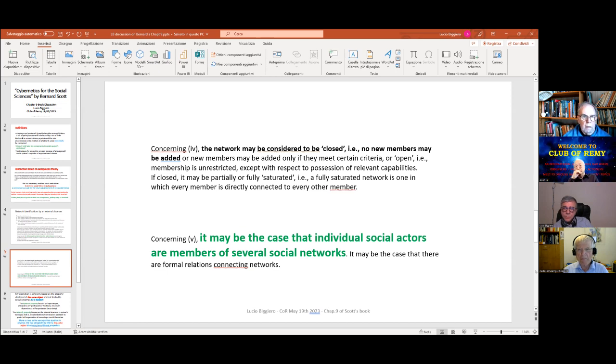But I'm sure there are other examples. There are secret societies, private clubs, which at a certain point say there are no more vacancies. You must wait for someone in this network to die before you can be admitted as a new member. So there are obviously variations there.